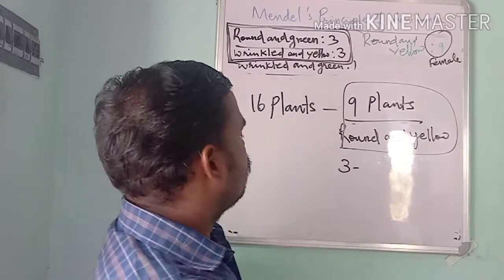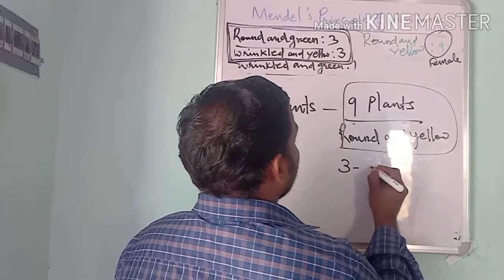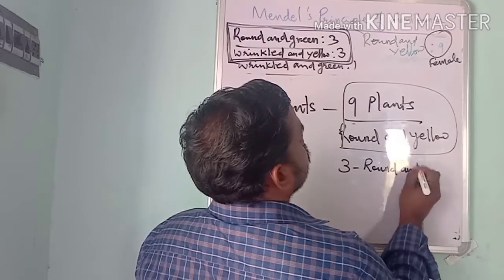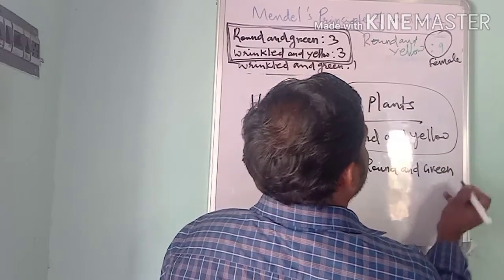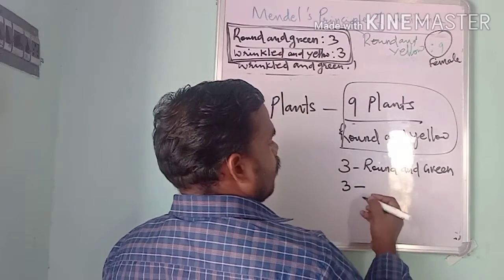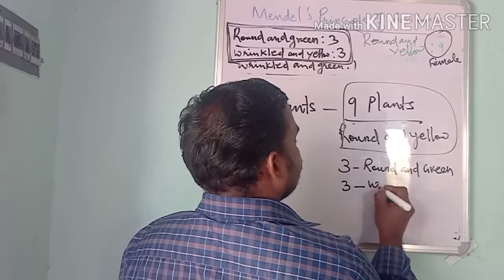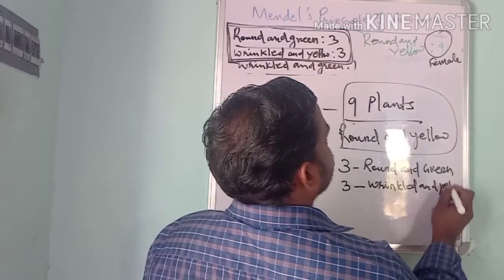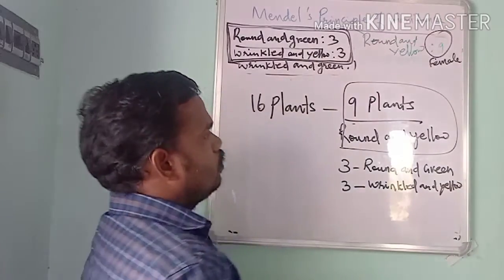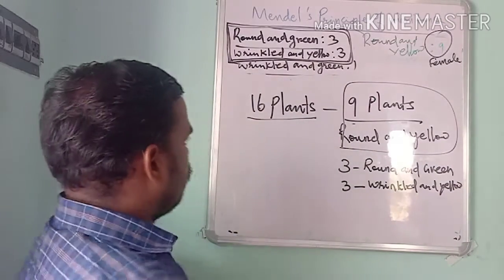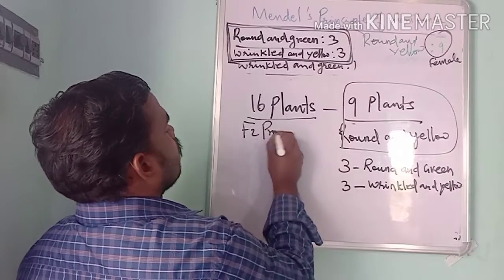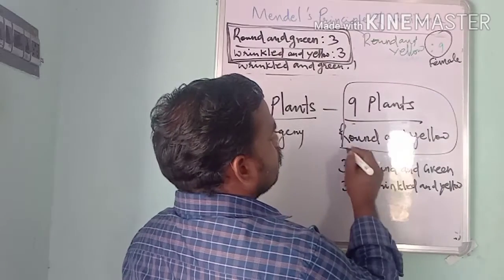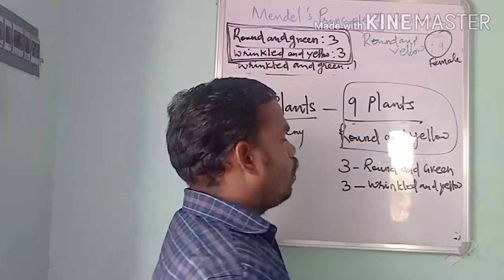அடுத்து பார்த்தீங்கன்னா 3 plants. One dominance, one recessive. 3 plants வந்து new traits, that is round and green color seed. அடுத்த 3 plants வந்து wrinkled and yellow color seed. புரியுதா? So out of 16 plants in F2 progeny, 9 plants show the phenotypes of round and yellow.